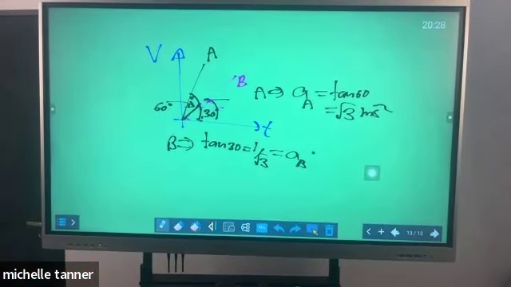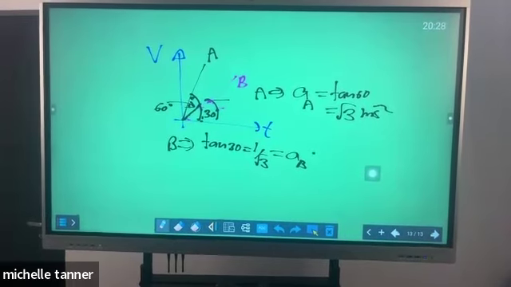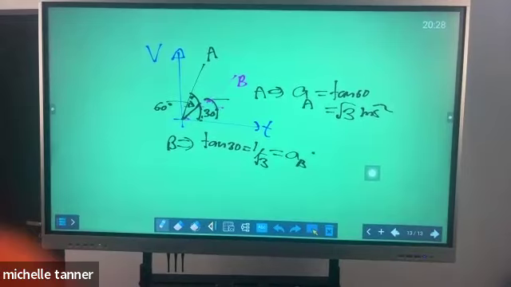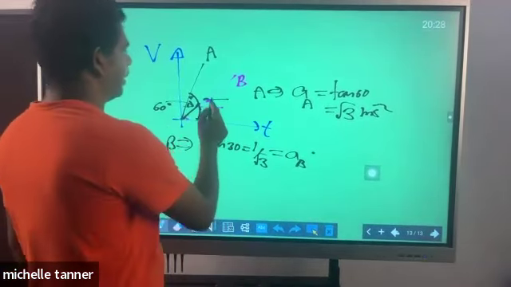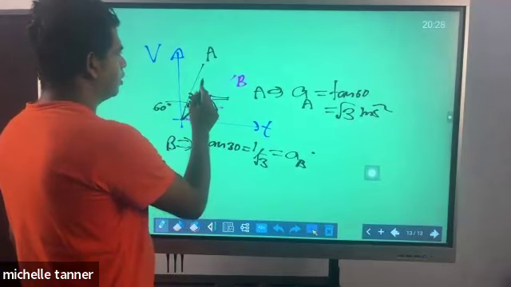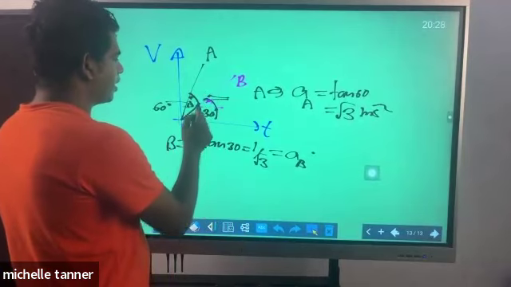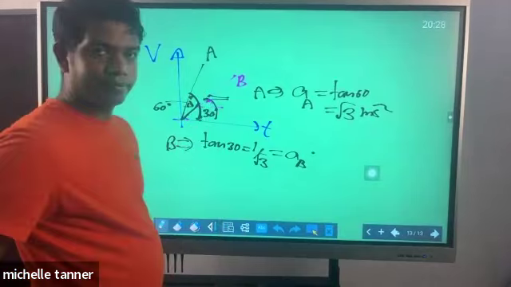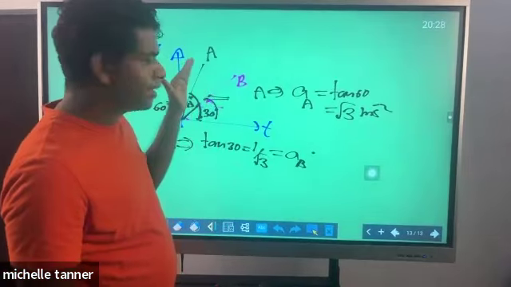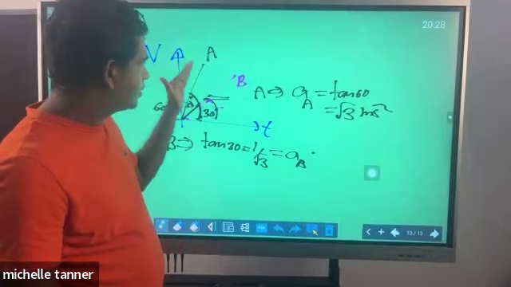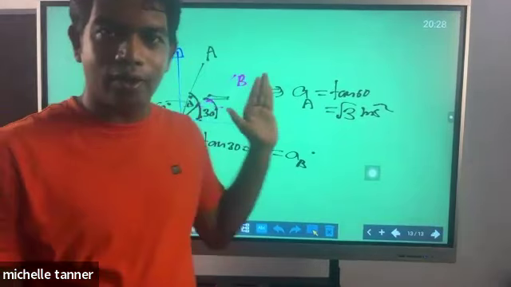Or do you need another explanation? The angle with the horizontal in the A graph is higher than B. The gradient is high in the A graph. Therefore, acceleration is high. Now, can you understand?